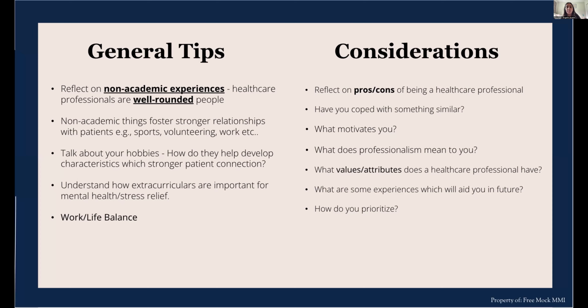At the same time, a pros and cons question helps you to discuss what motivated you to a career in healthcare. What are the pros that have attracted you to a healthcare career? And also, you really want to think about what values and characteristics a healthcare professional has, and do you think you have them? Have your extracurriculars helped you develop them? Things like that. And next slide, please.